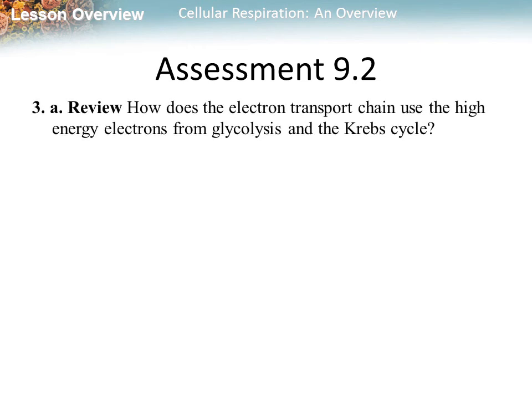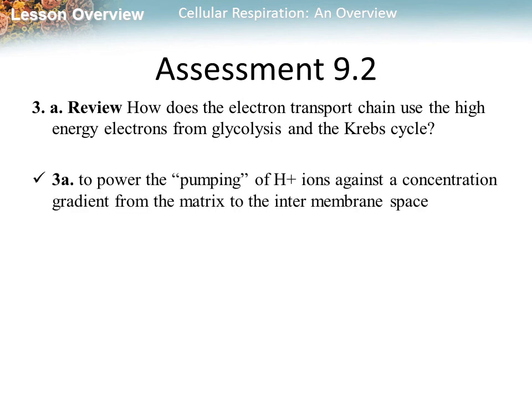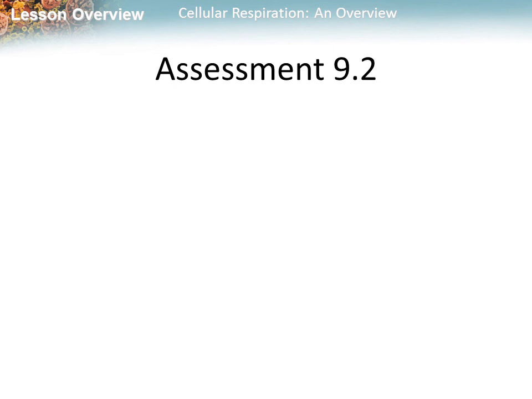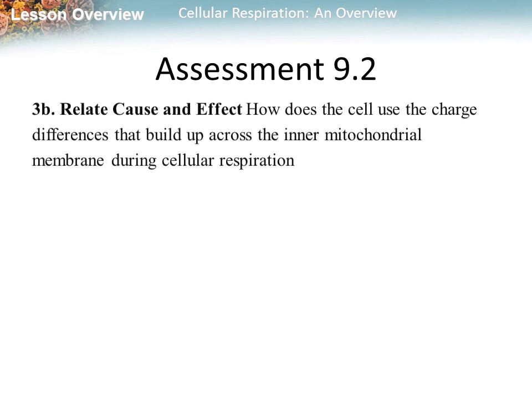Let's see 3A. How does the electron transport chain use the high energy electrons from glycolysis and the Krebs cycle? The answer is to power the pumping of hydrogen ions against a concentration gradient from the matrix to the intermembrane space. Let's see 3B.